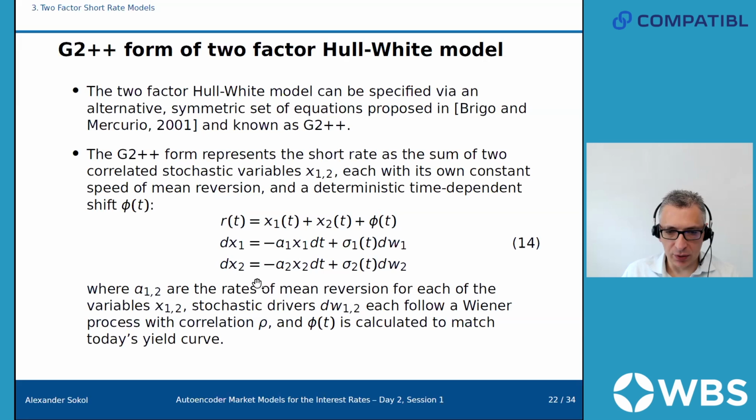The two factors are both mean reverting to zero with constant but different mean reversion speeds and two separate time-dependent volatilities. When calibrating, usually they're made proportional to the same time dependence with different weights. So there are two mean reversion speeds, two stochastic drivers, two state variables, and phi is also calculated to match today's yield curve. So just like before, G2++ is a different way to write down the Hull-White model, not a different model.